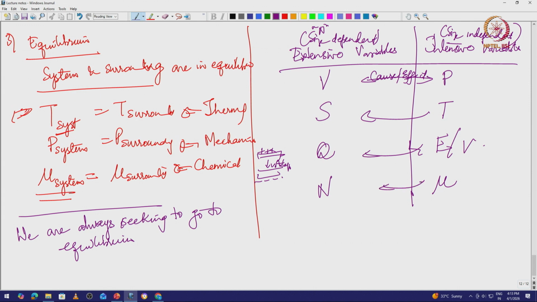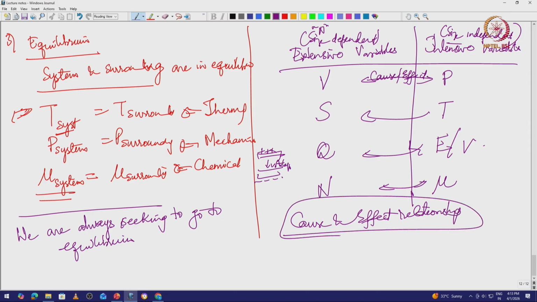Similarly, if I add more molecules or more atoms to my system, I am changing the chemical potential of that system. So all of these have a cause and effect relation, and hence these are all called conjugate variables.